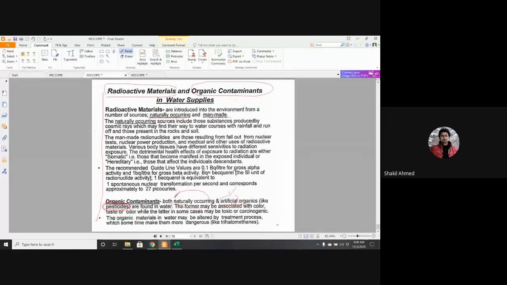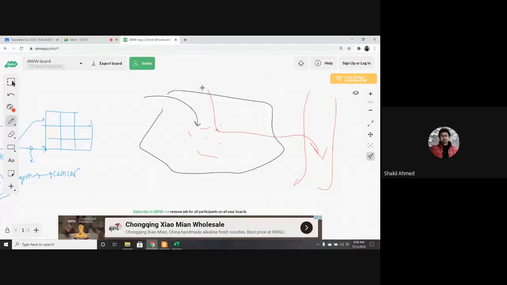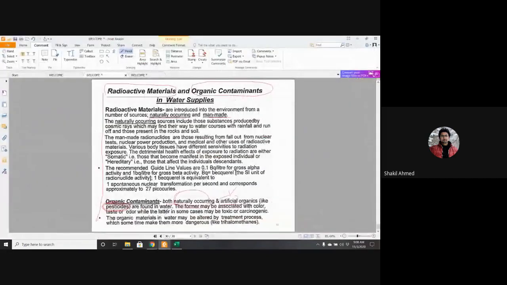Organic contaminants may also be naturally occurring. One example is oil. So oil is an organic contaminant.